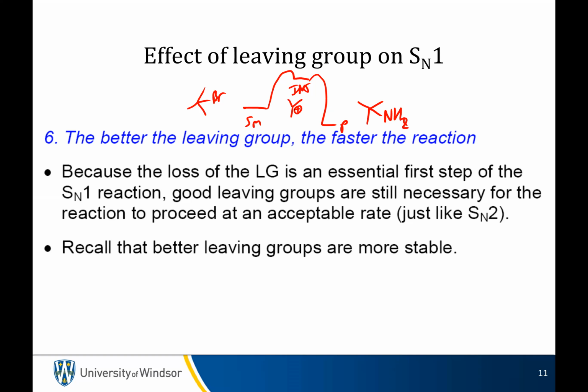That's what we should be focusing on. Absolutely, it's the most important part. But there is another component here, and that's the Br minus. And so the more stable that anion is, the lower energy that intermediate is going to be, because that intermediate includes the energy of both the carbocation and the anion. So the better the leaving group, the more stable the leaving group, the happier it is with the negative charge, the lower energy that intermediate is, and the faster the reaction, because the lower this activation energy, this value here is.